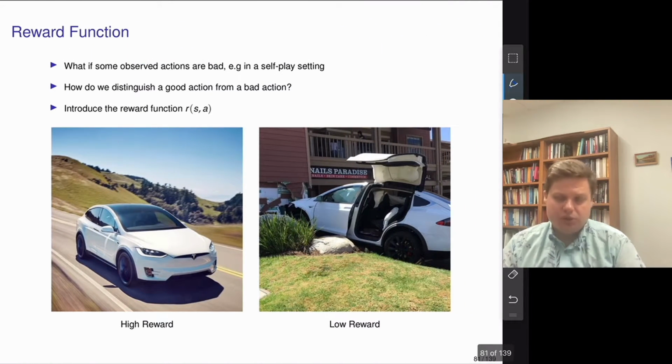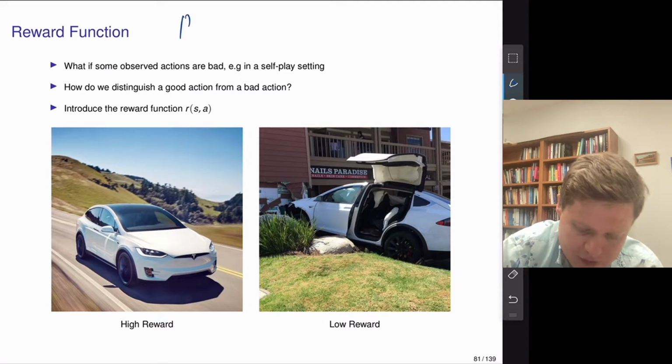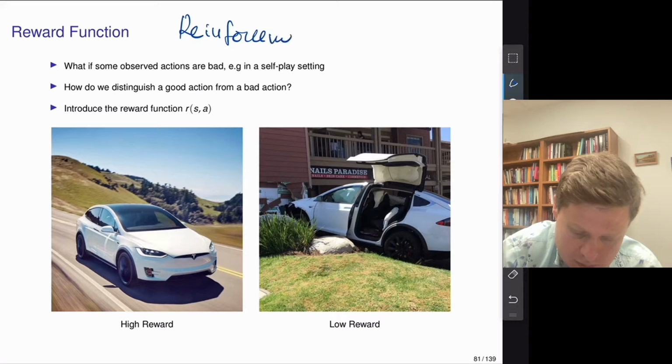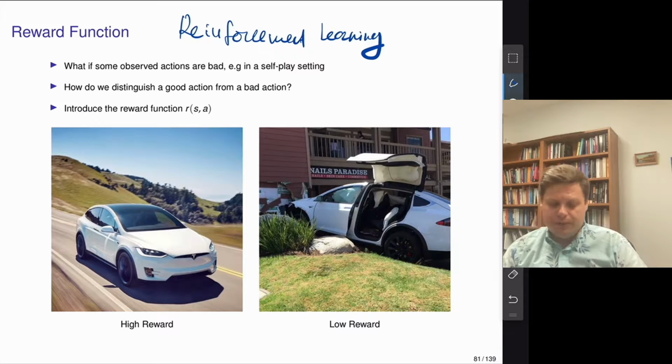The better approach, or more useful approach, is to use what is called a reward function, and the reward function leads to another approach, which is called reinforcement learning. And reinforcement learning basically does the following. So it learns from the rewards, and rewards can be high or low.